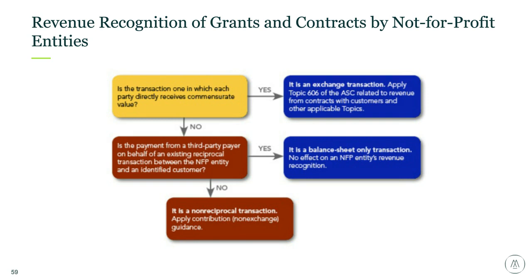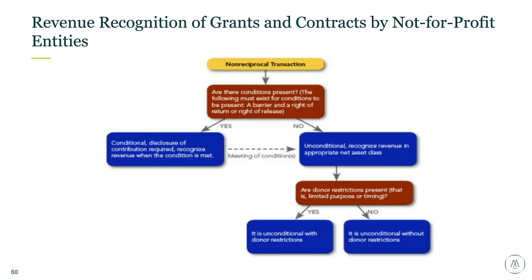And then again, here is whether or not it's conditional or unconditional, looking at this on a flow chart. The decision, again, is based on whether a barrier that must be overcome and has either a right of return of the assets transferred or a right of release of the promisor's obligation to transfer the assets is determinable from the agreement.